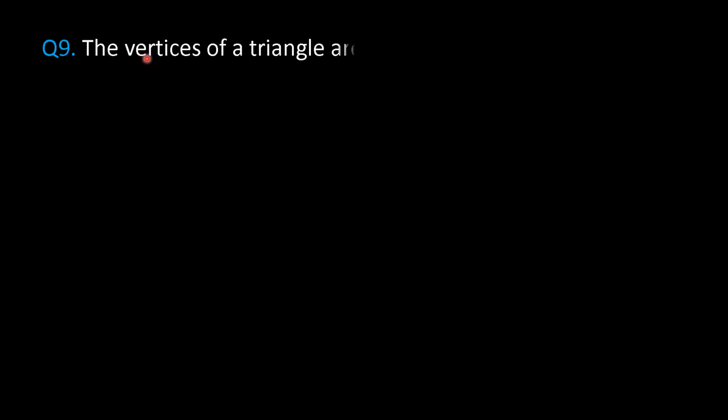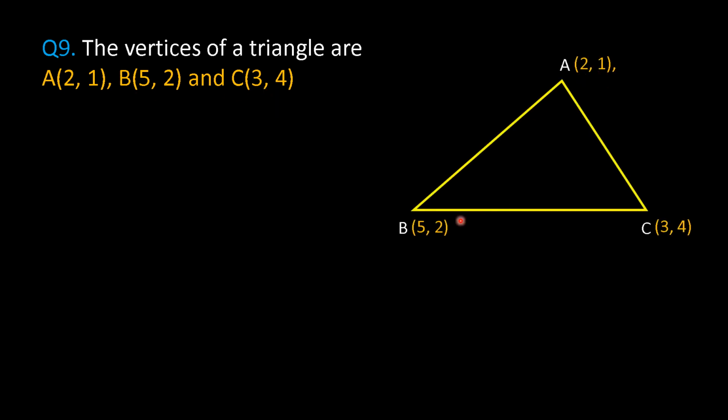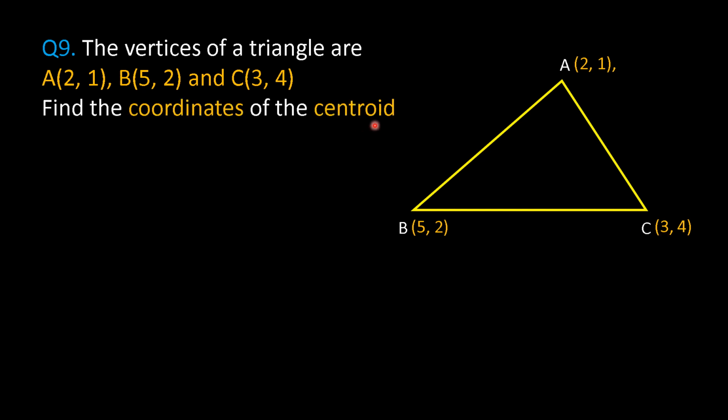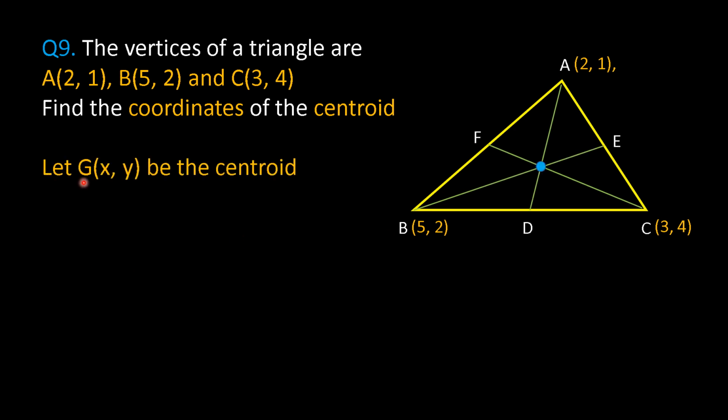In 9th question, it is given that the vertices of a triangle are A(2,1), B(5,2) and C(3,4). Find the coordinates of the centroid. Let G(x,y) be the centroid. By centroid formula, its x coordinate will be (x1+x2+x3) upon 3, which will be (2+5+3) by 3, which gives us 10 by 3.